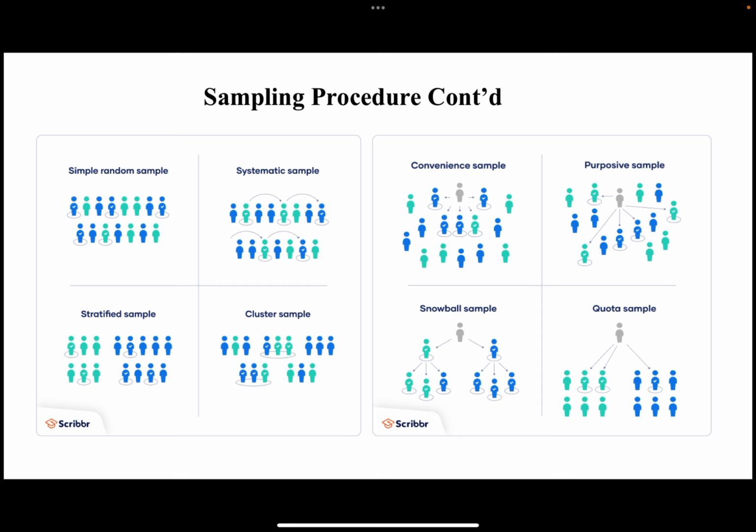Okay, now the next probability sampling we discuss is the stratified sampling. In stratified sampling, the population is divided into subgroups called the strata, such as gender, the age, or the profession, and samples are taken from each group. So suppose a university has, let's say, 60 female students and 40 male students.